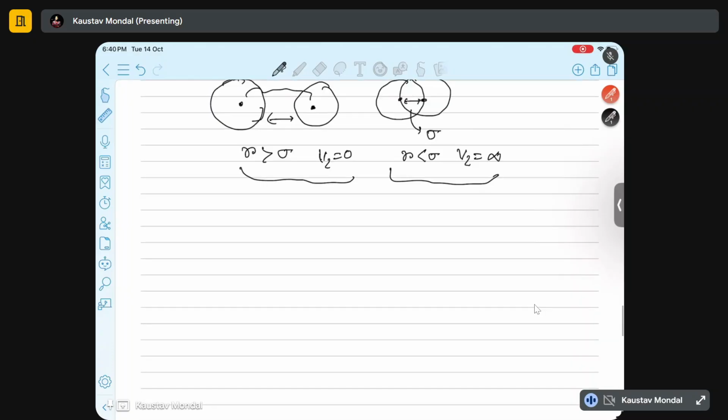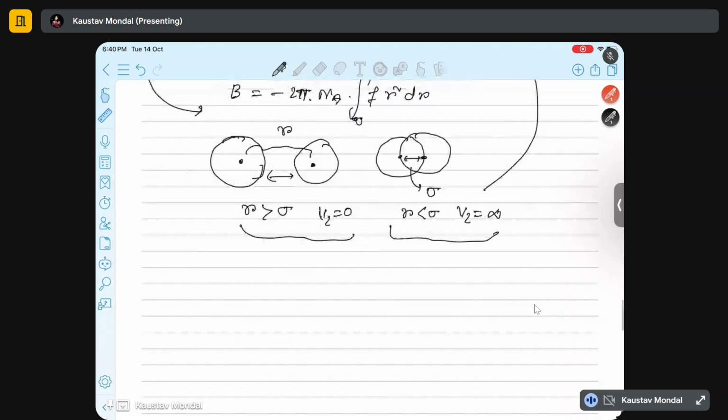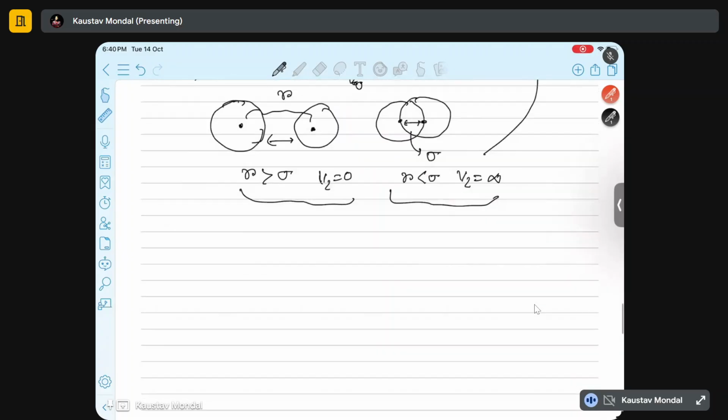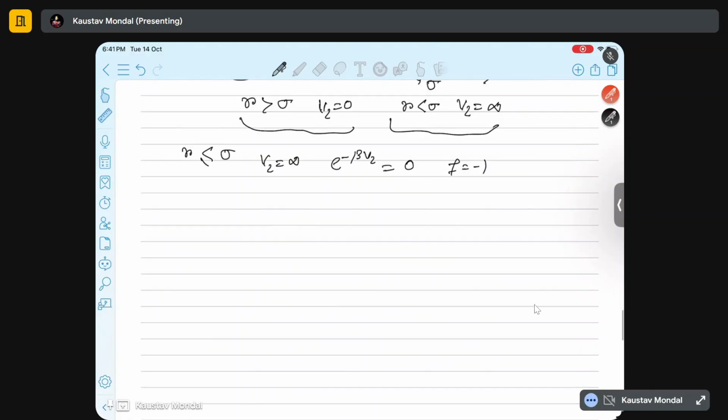We just put this expression of the potential into this Mayer function here, since that is required in order to get the value of B. So for r less than or equal to sigma, V2 is infinite, so e to the power minus beta V2 gives you 0, so f gives you -1, because 0 minus 1 gives you -1.